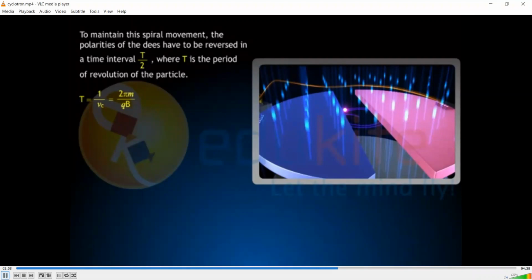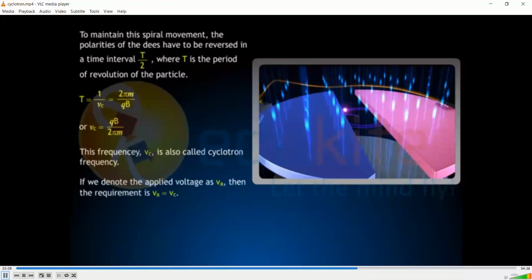The frequency νc equals Q times B divided by 2 pi m. This frequency νc is also called cyclotron frequency. If we denote the applied voltage frequency as νa, then the requirement is νa equals νc. This condition is called the resonance condition.